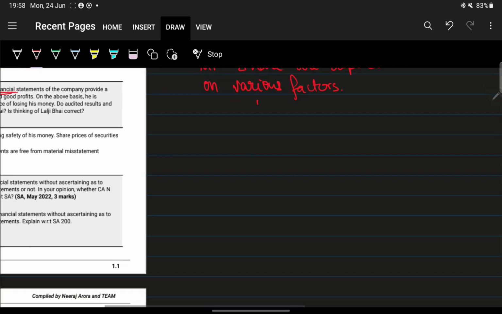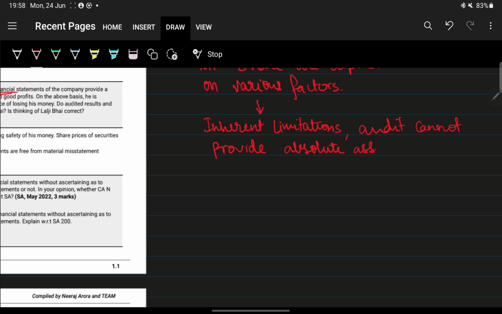And due to the inherent limitations of audit, audit cannot provide absolute assurance, right? So therefore, here obviously the conclusion is that Lalji is wrong.